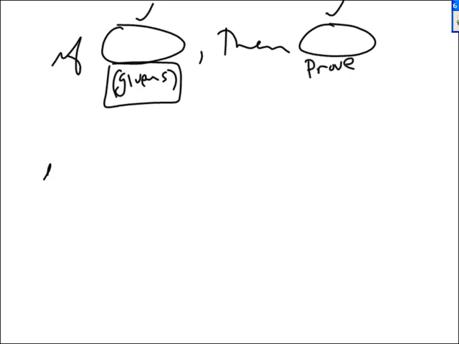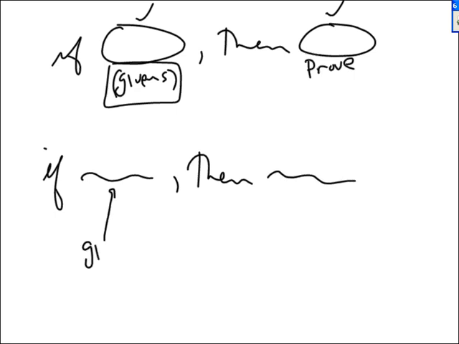So, if somebody asks you to prove if this, then that. Well, the this, that's what you're given. And the that, that's what you must prove. If this is true, it must follow.